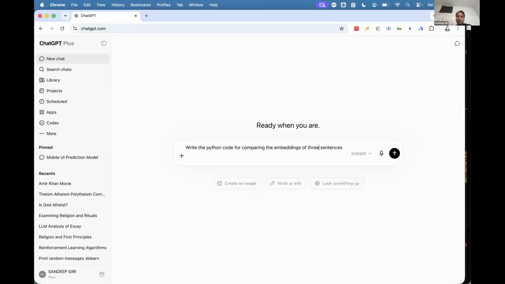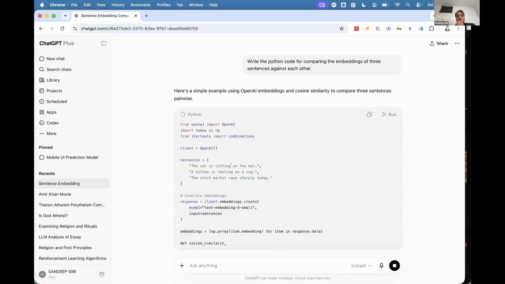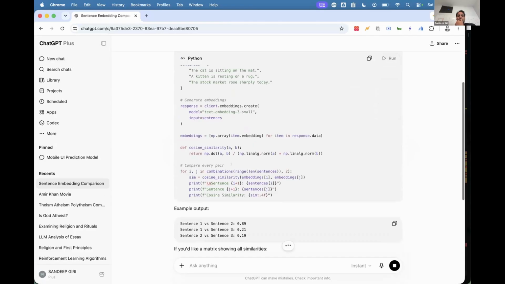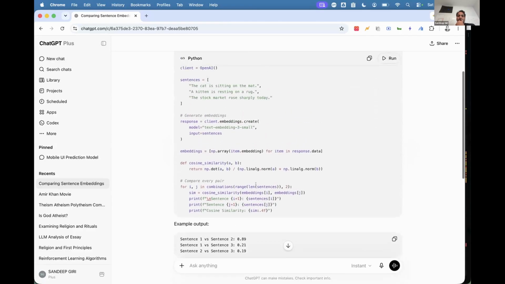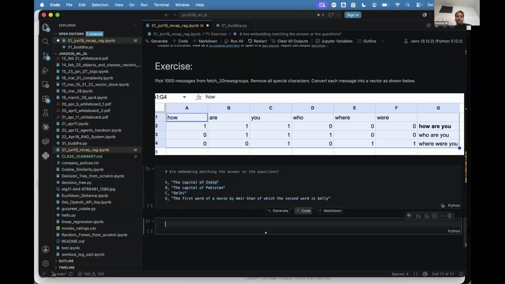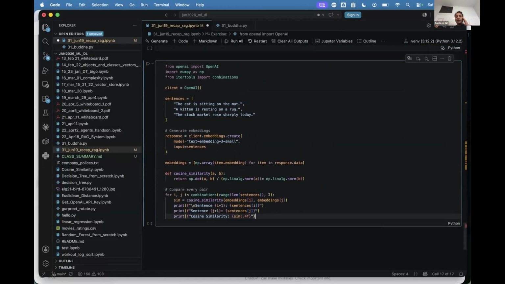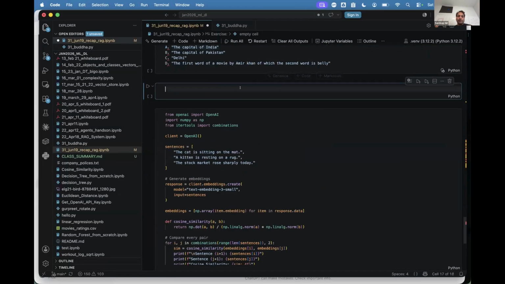Of three sentences against each other. So let's say this is the one. Okay. All right. So you see that this is something where you are seeing research in action.